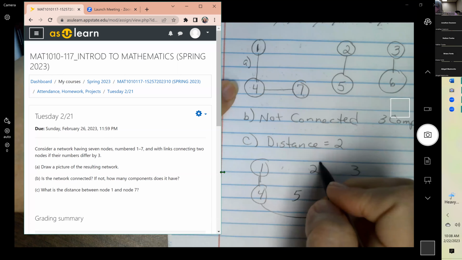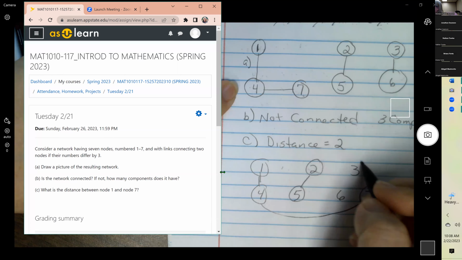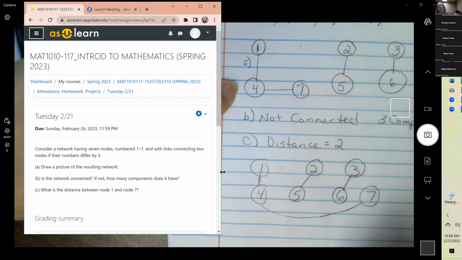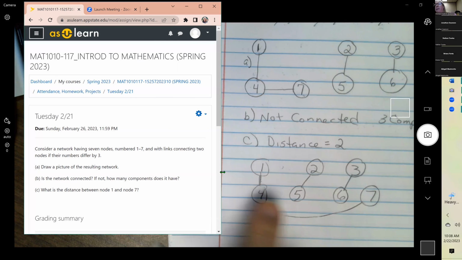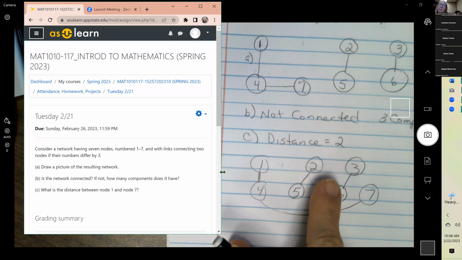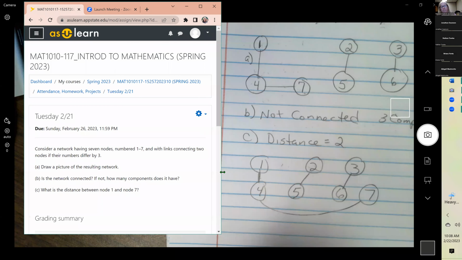And we know 2 and 5 went together, and 3 and 6. So it could have even been that way if you put them all in order first and then connected them. So they don't have to be straight lines, and they don't have to be in any order, as long as only 1, 4, and 7 are connected, and then 2 and 5, and then 3 and 6. Okay, that makes sense.